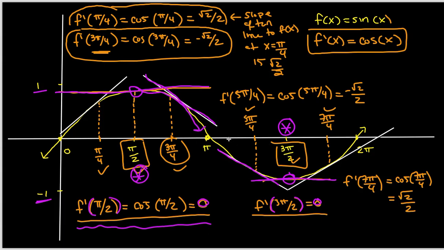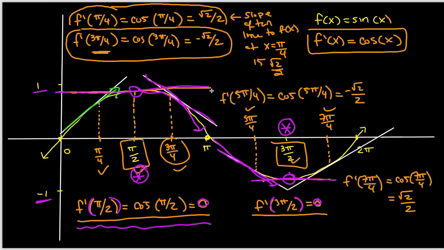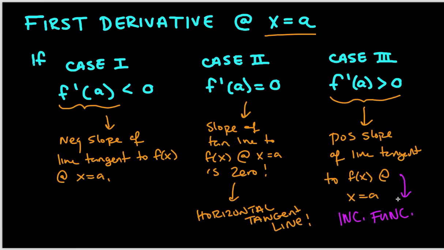Whereas when the slope of the tangent line is positive, you can see that the function is increasing. So you have the increasing function when the slope of the tangent line is positive, and you have a decreasing function when the slope of the tangent line is negative or less than 0.